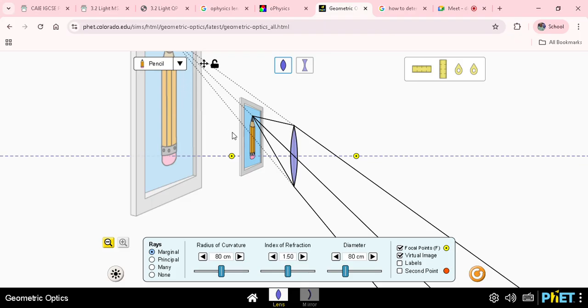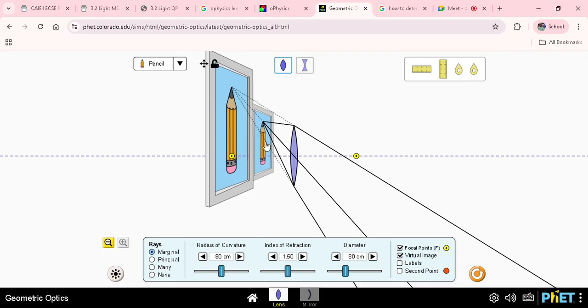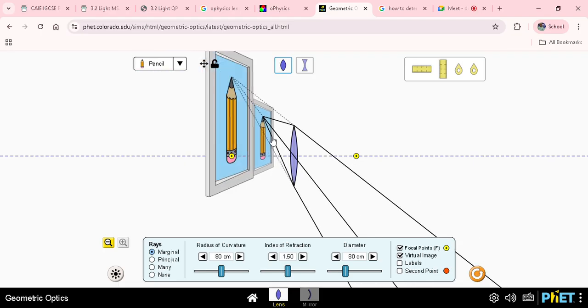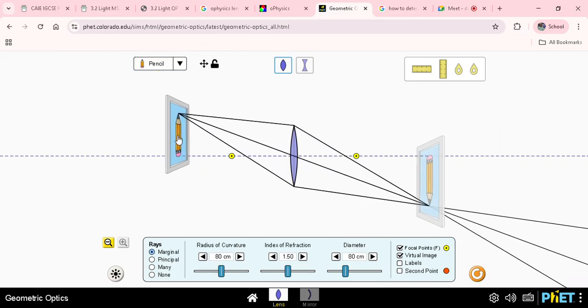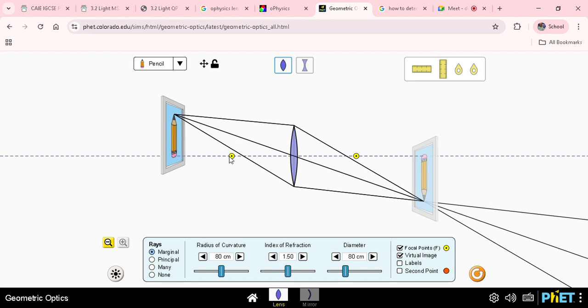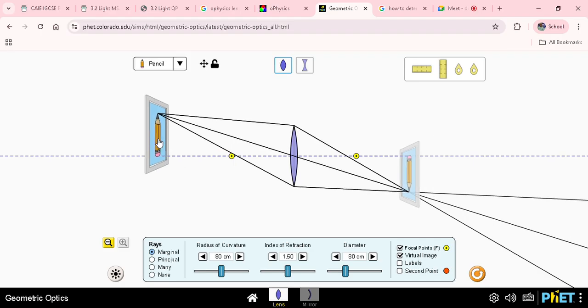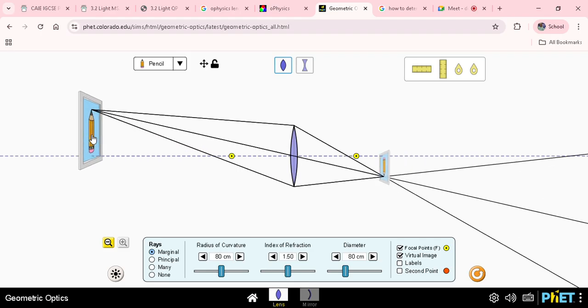Because this is upright, right? The same, but larger than the object. But if I put the object further than the focus, the image is smaller, real, because it can be seen by our eye, and also inverted.